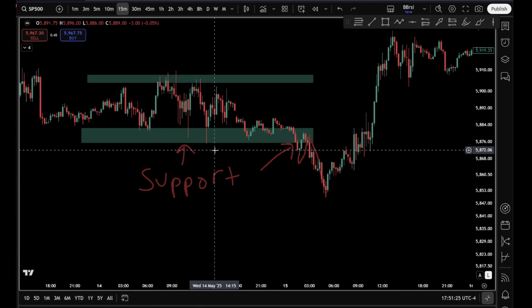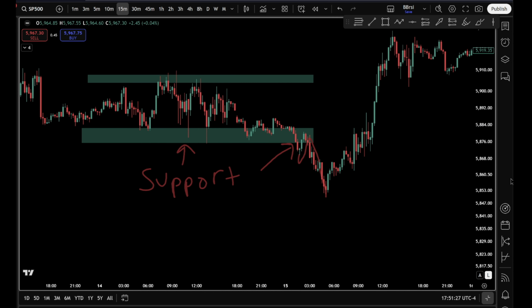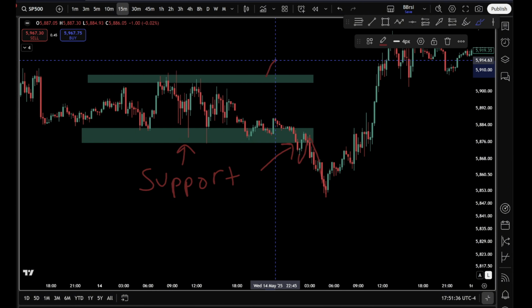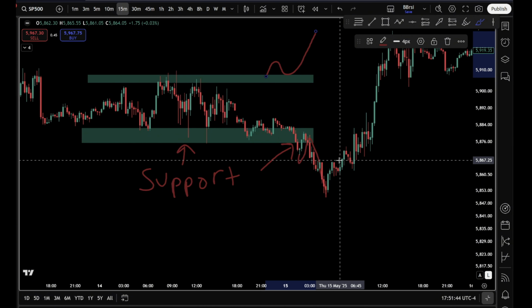This is for a sideways. The same thing could happen if it was breaking the resistance, and if the price came over here and bounced back. You will see this happen many times in different markets.